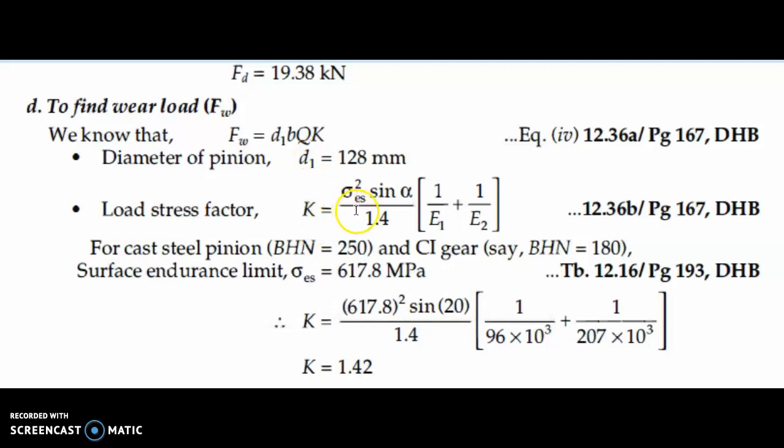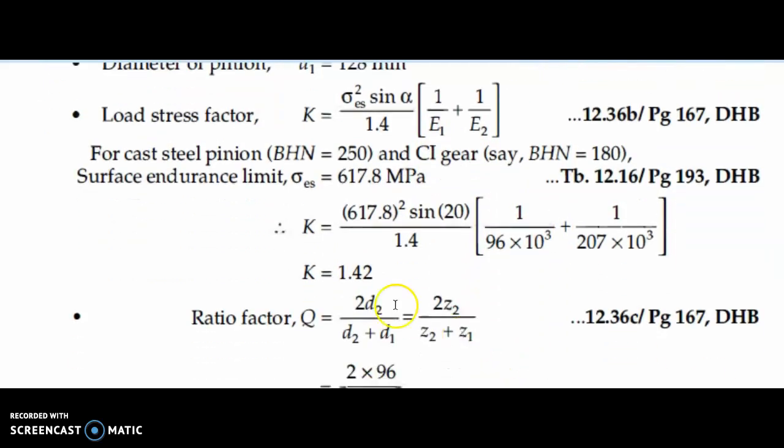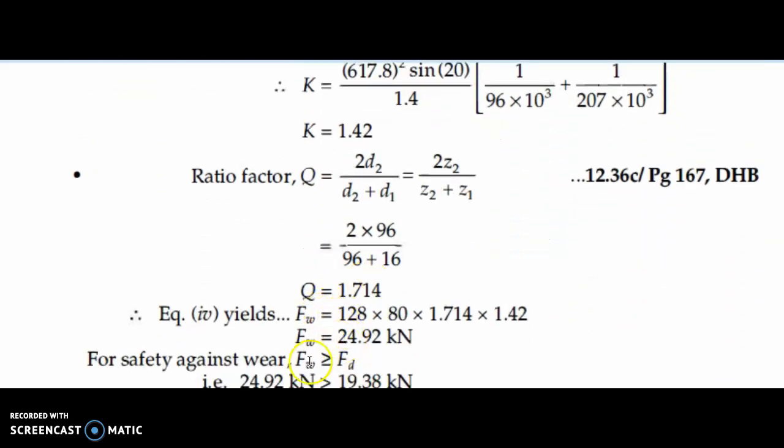K is equal to sigma es square sin alpha, and for steel and cast iron all these values are given. So using that value we can find the value of K, and using the diameter or number of teeth we can find the value of Q also. So using this equation we can find the value of wear load.